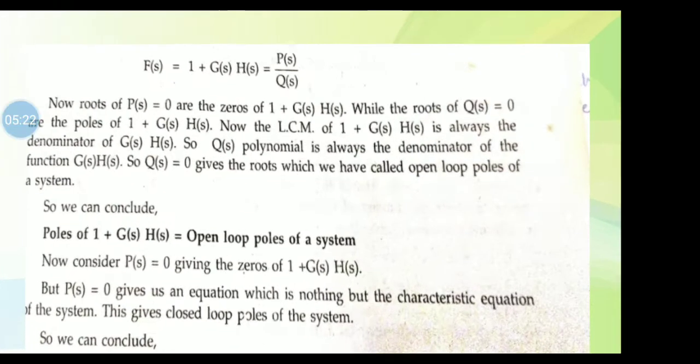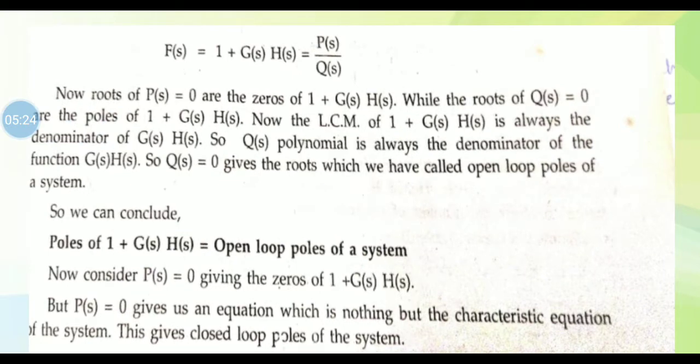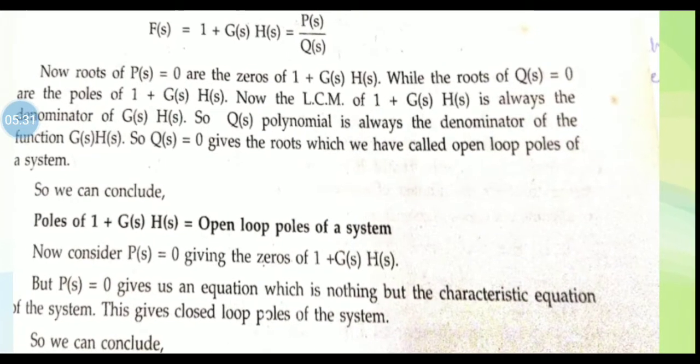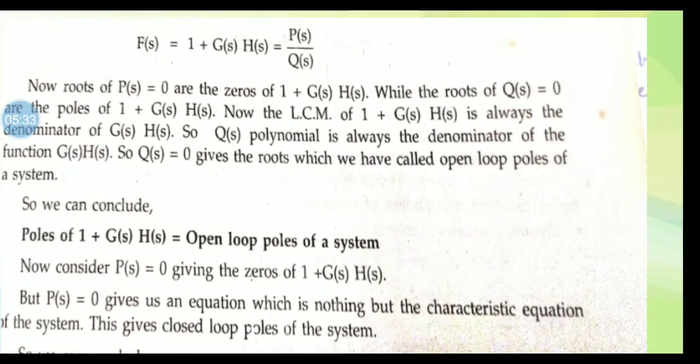This function can be expressed as a ratio of two separate polynomials in s, as F(s) is equal to 1 plus G(s)H(s) is equal to P(s) by Q(s).